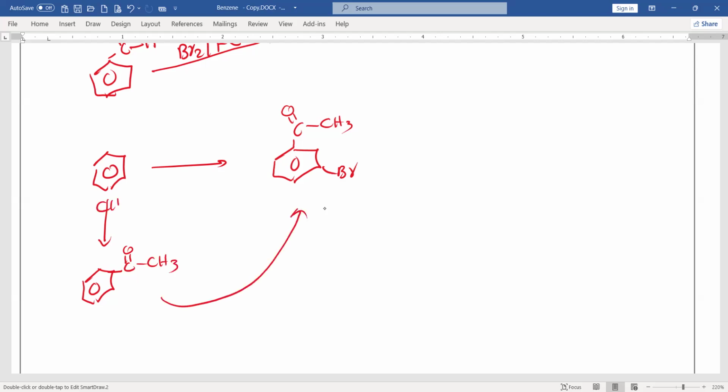So here CH3COCl, anhydrous AlCl3. Then you will get this product and then the Br. This second one: here you can add FeBr3 and Br2. Earlier I had iron and Br2, now FeBr3 and Br2 both are working in the same way.